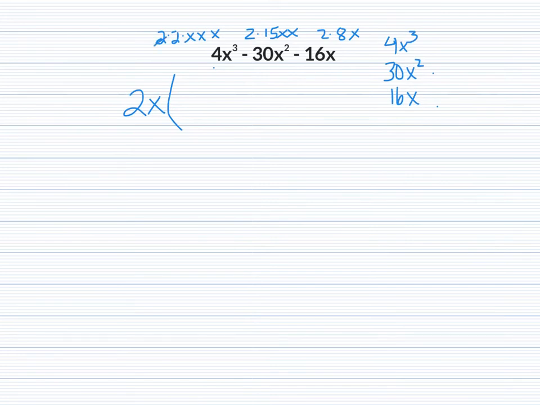So when I pull out 1, 2, and 1x from each, I should be able to see what I have left. I have 2x squared minus 15x minus 8.